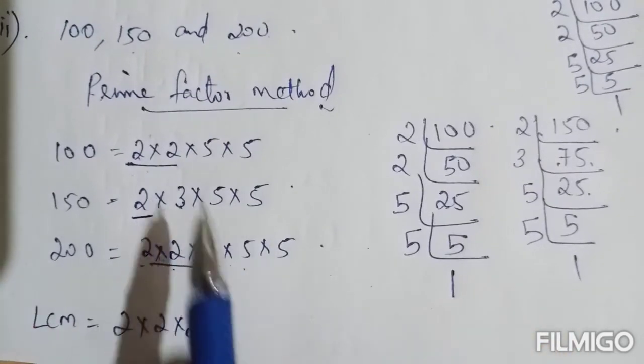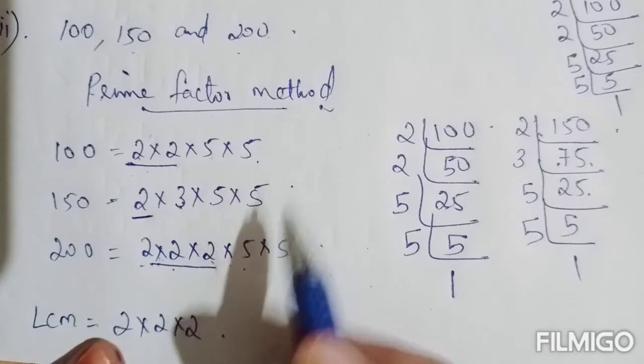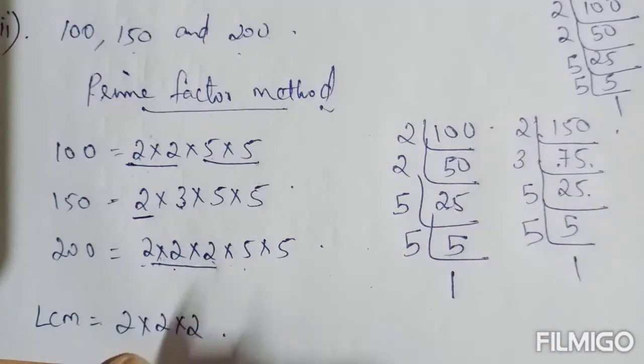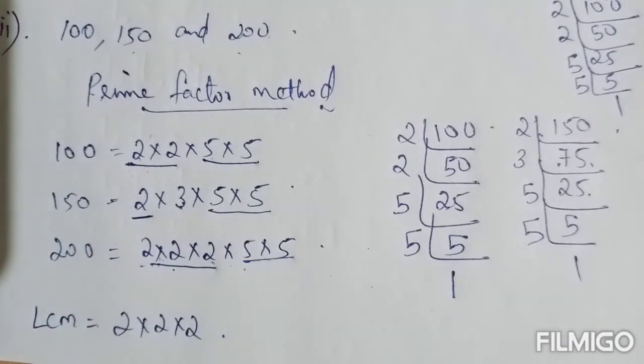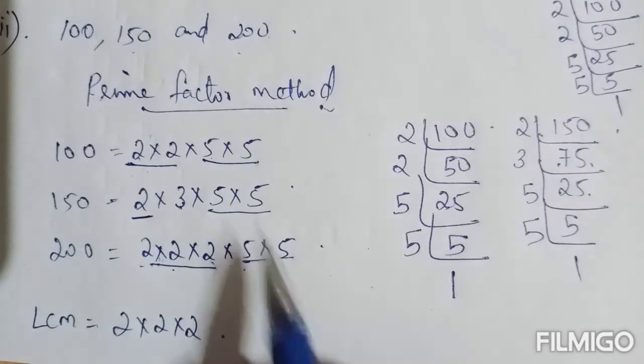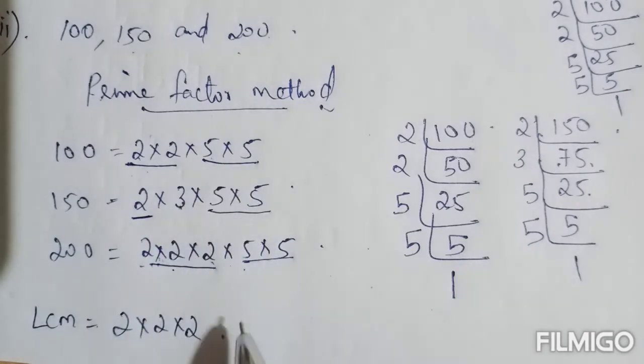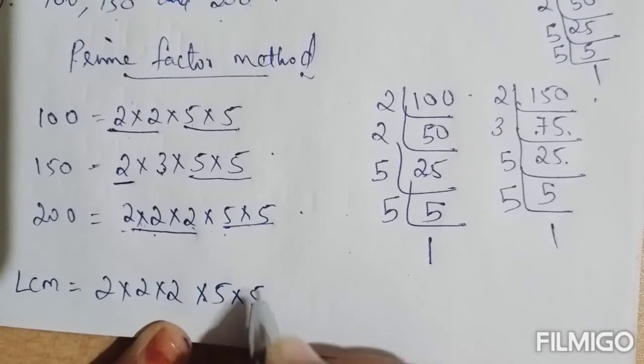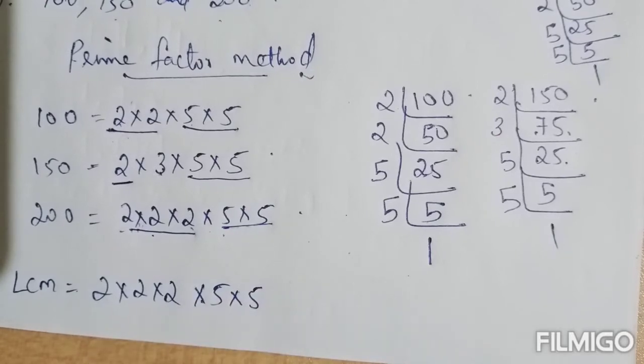Okay, next 5 is coming. 5 is used 2 times in 100, 2 times in 150, 2 times in 200. So 5 is used 2 times in these 3 numbers. So you can write 2 times 5 for finding the LCM also.